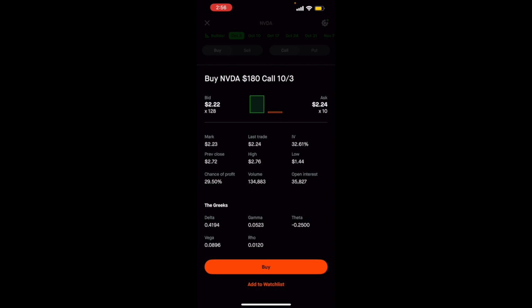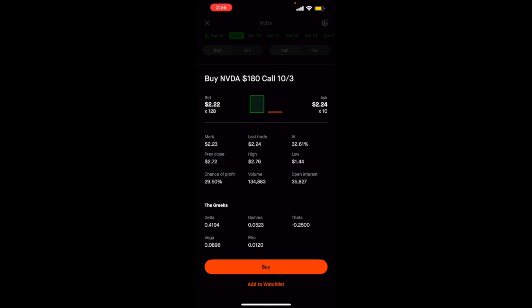So you pay $224 for this option. Now, if Nvidia price goes up from 177.62 up to 187.62, your delta is gonna move up $41. I mean, your option contract is gonna move up $41.